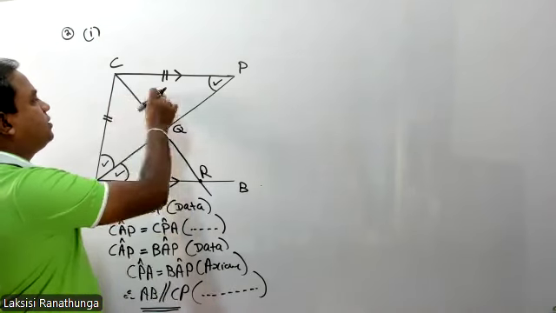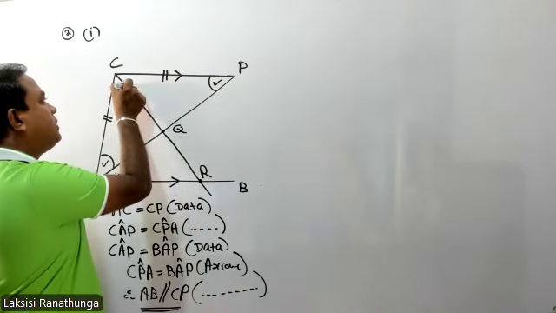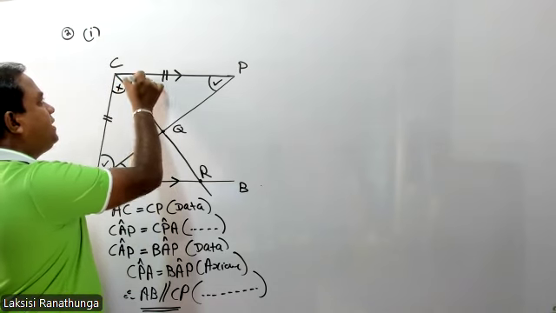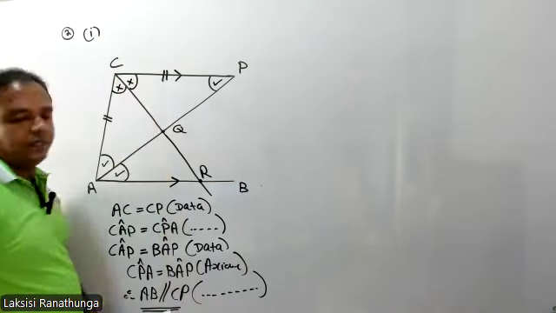These two triangles are congruent. This is the bisector of ACP, so the angles are equal.